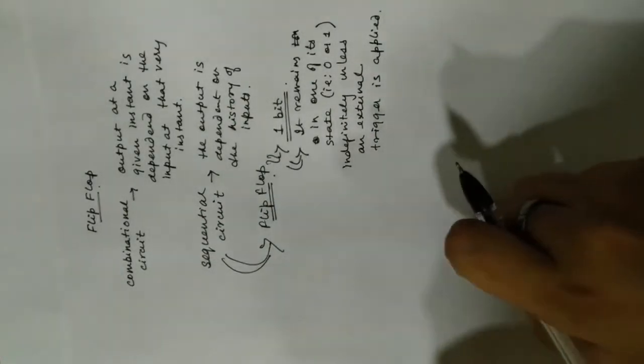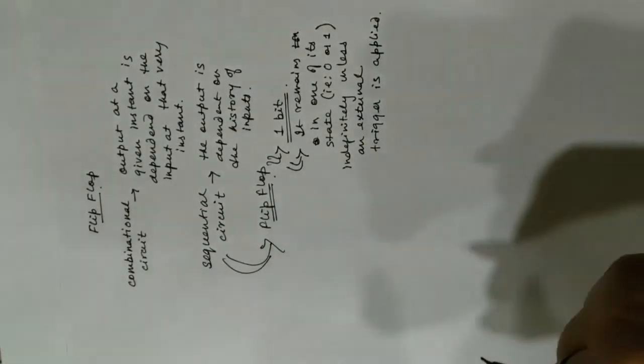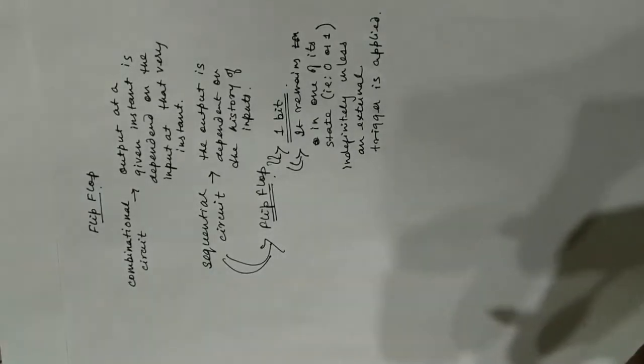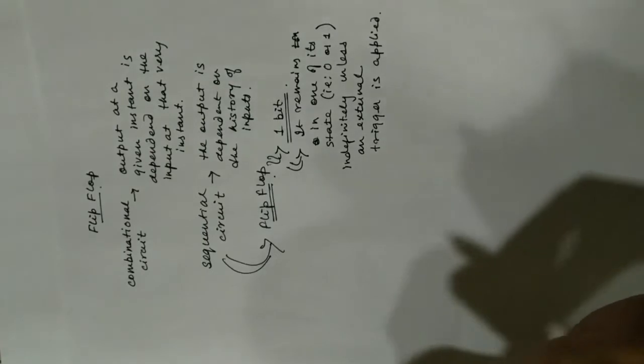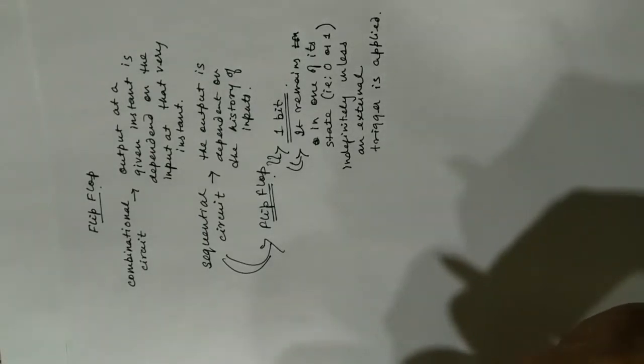So, like I've said, a flip-flop has a 1 bit memory. It can store its output, be it 0 or 1. It can indefinitely store that output until and unless it is triggered again, right?